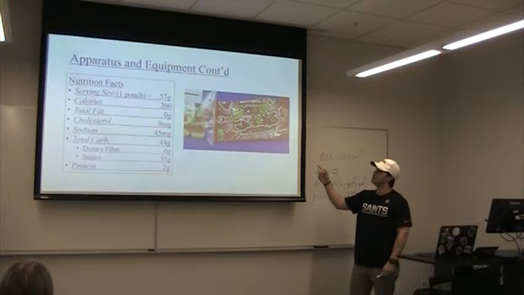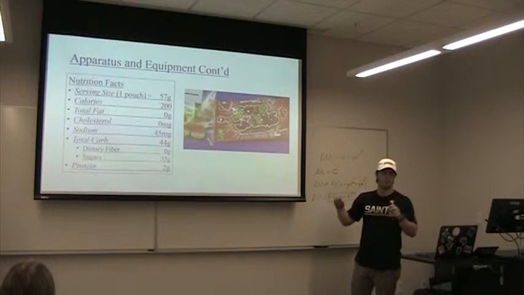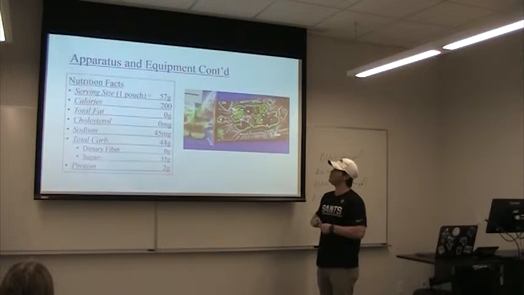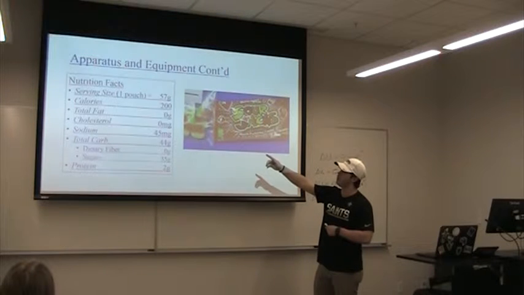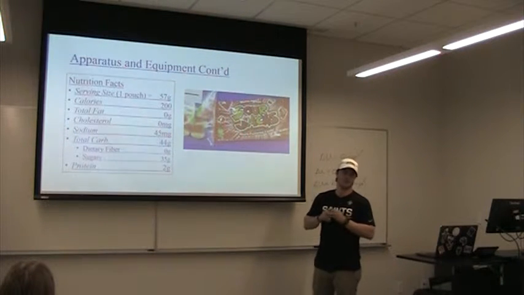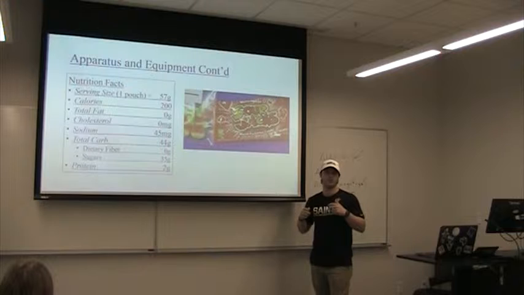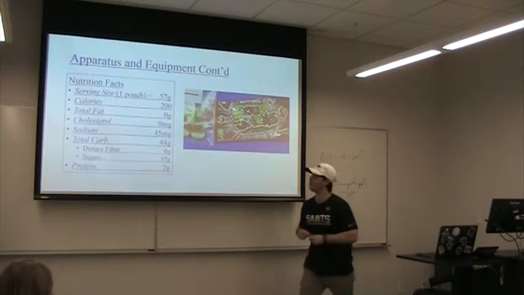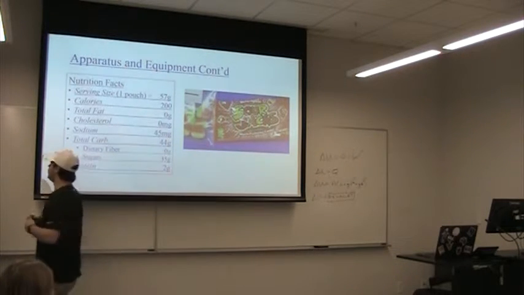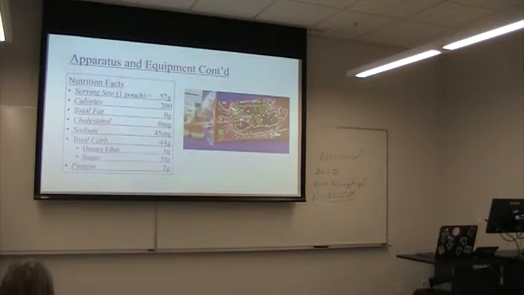And here is the nutrition facts from our unknown fuel. And you can see that these calories is 200, but that's misleading. It's actually 200 kilocalories. So the value we should get for calories per gram is going to be 200,000 divided by 57 grams for the serving size.